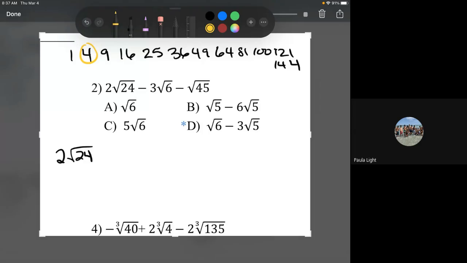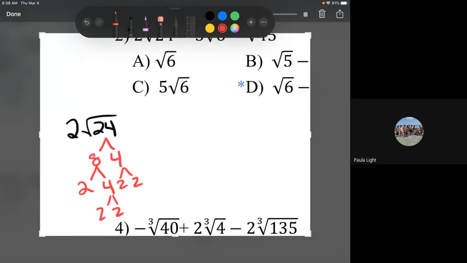So I would start off by saying this would be 8 times 4, right? Then I break that 8 apart. 2 times 4. Break these apart. 2 and 2, 2 and 2. All right, so what I'm looking for are pairs. A pair of 2's is going to come out, and another pair of 2's is going to come out, and the last 2 is going to stay under the radical. It's like that would be a 6 instead of an 8. Oh, that's 32. Gosh, you guys. 6 times 4. Well, that is good to know.